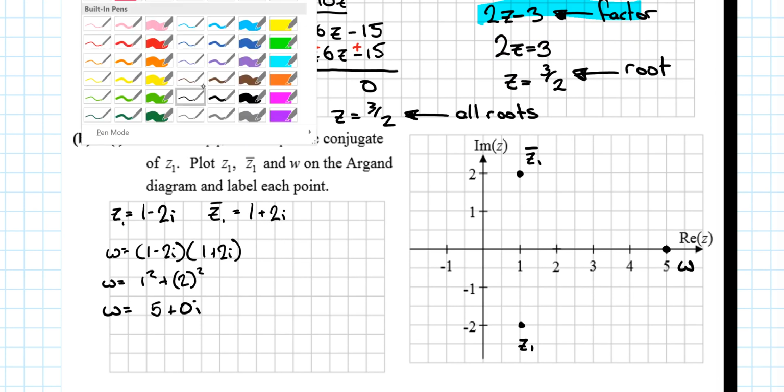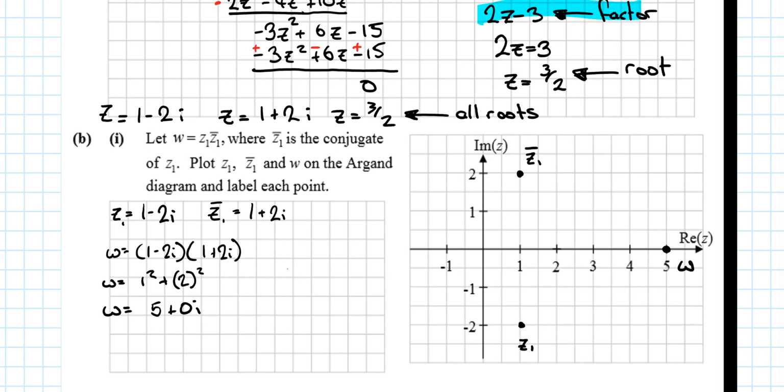And we can actually use our shortcut that we know, a plus bi by a minus bi ends up as a squared plus b squared. So a complex number by its conjugate just ends up as a squared plus b squared. So a is 1 and b is minus 2. And it doesn't matter if I use the plus 2 or the minus 2.